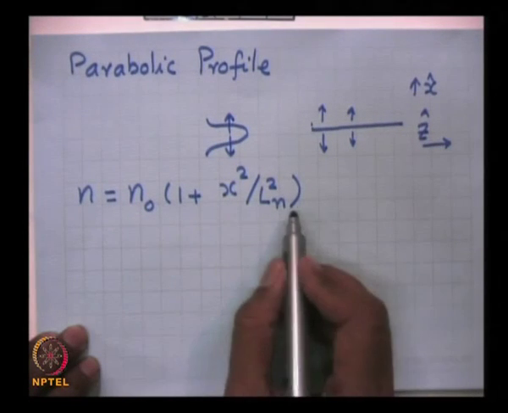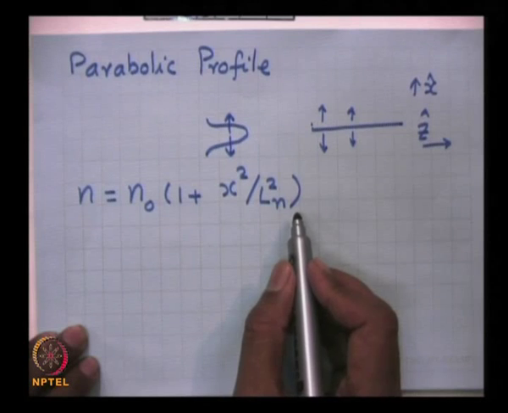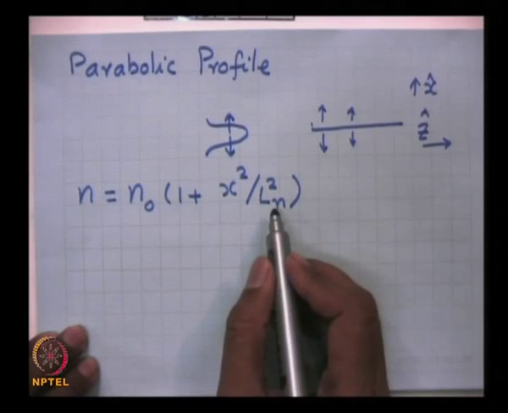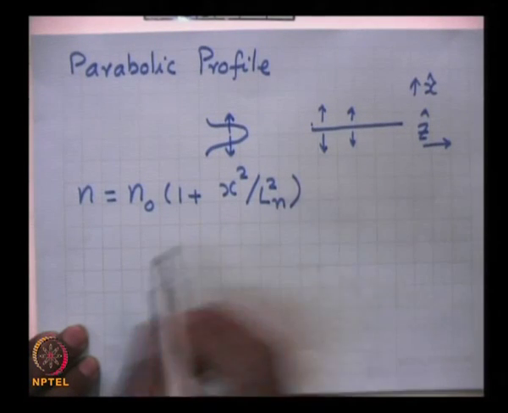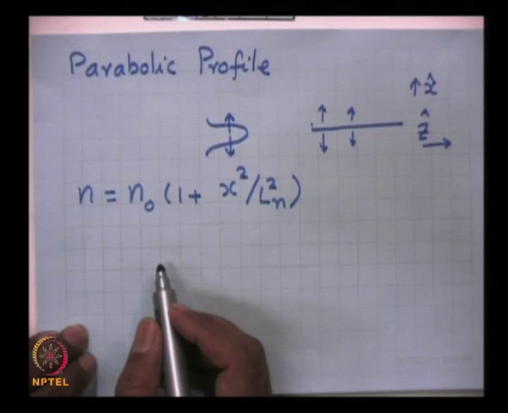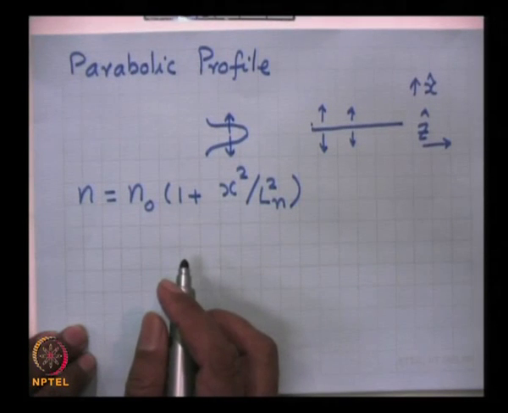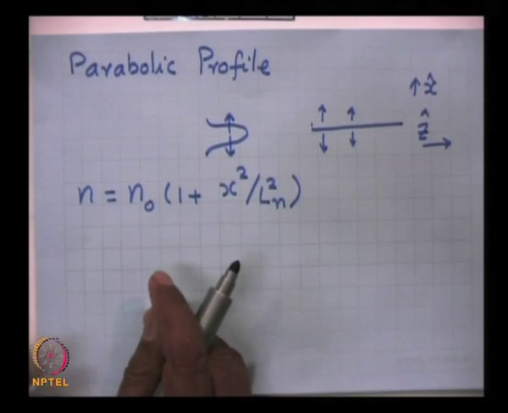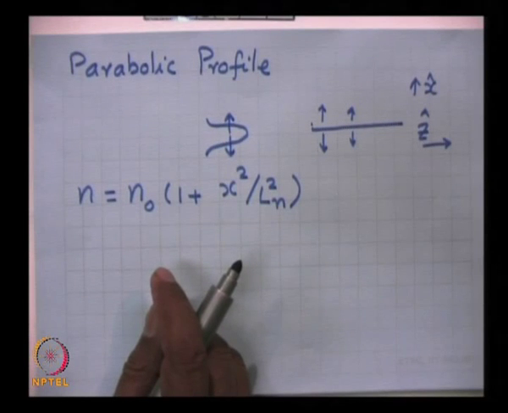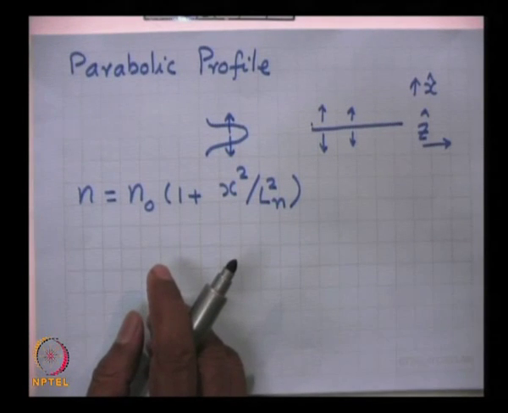This is called a parabolic density profile, and it has been found to be very suitable for guiding the laser. So, this is an important problem in plasma physics: to examine the propagation of a laser in inhomogeneous plasma.